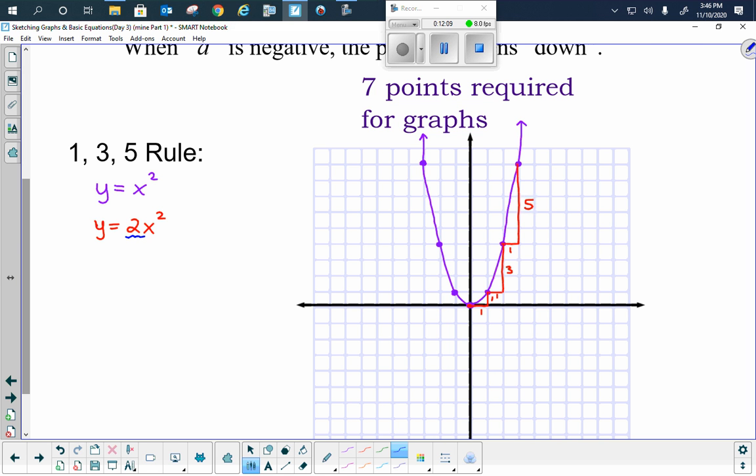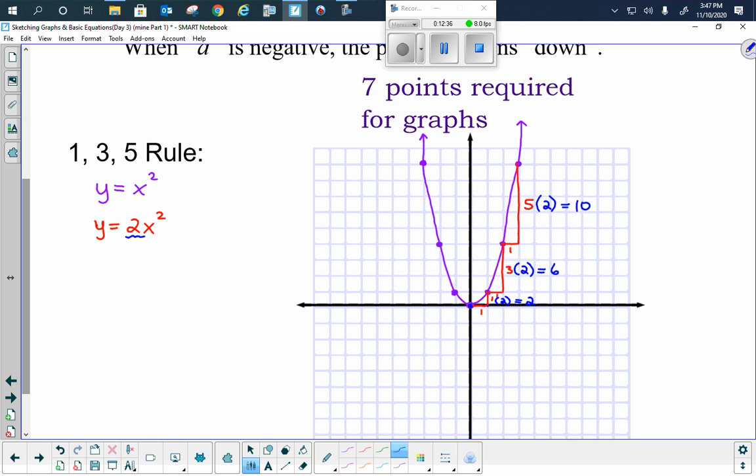So now this is going to move over 1 and up 1 times 2, if you will. So it would go up 2. The next point would go over 1 and up 3 times 2, so up 6. And the next one would move over 1 and up 5, but times 2 for that constant, so up 10.